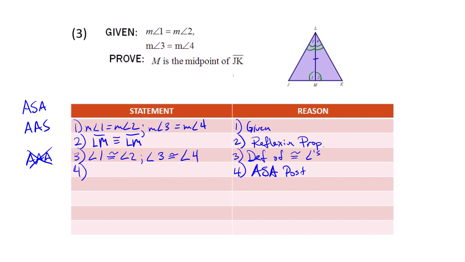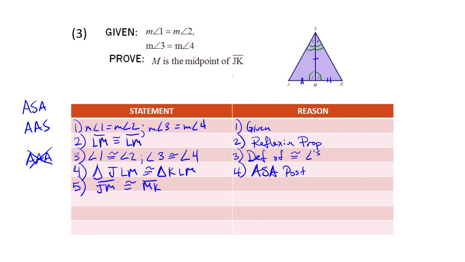And let's name these triangles. So we'll say JLM is congruent with KLM. Okay, so I got those corresponding parts in the right order. So now we're going to say, okay, well, JM must be congruent to MK. So JM must be congruent to MK, right?